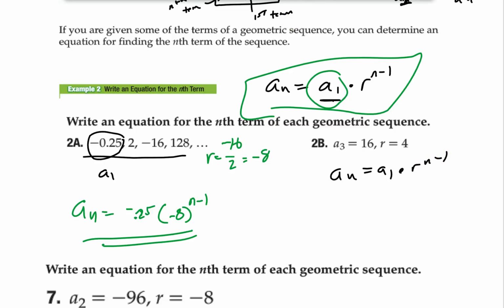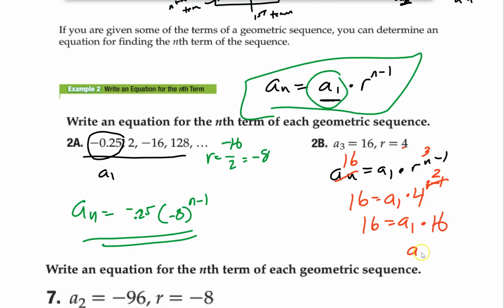So look what we have. I have A3 equals 16. That means when I plug in 3, I get 16. R is 4, so I have 16 equals A1 times 4 to the 3 minus 1. 16 equals A1 times, this is 2, so 4 squared is 16.